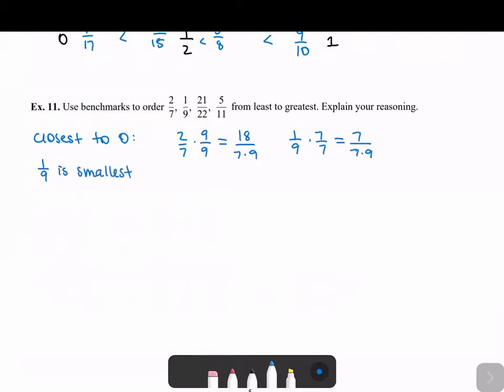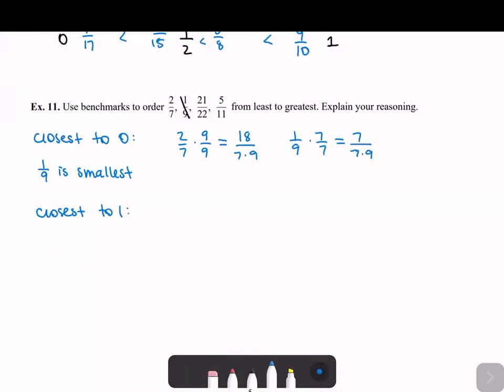Okay, so again, we'll do closest to 1. We've already done 1/9, already placed it. So now closest to 1, well, 2/7 we know is small, and 21/22 is pretty big, it's pretty close to 1, and 5/11 is close to 1/2.